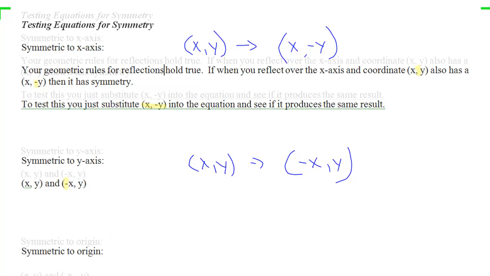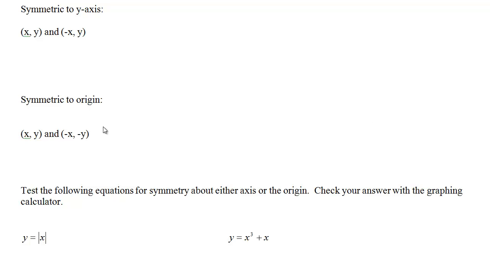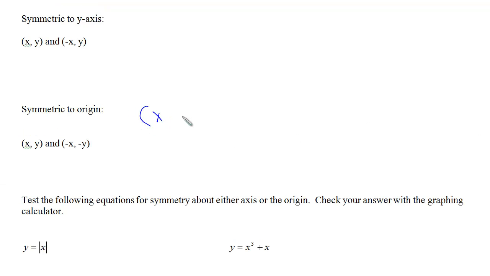And when I rotate about the origin, your transformation rule, (x, y) becomes (negative x, negative y). So it's those exact same rules that you learned in geometry in your transformations unit, but now we're using them as they pertain to graphs.